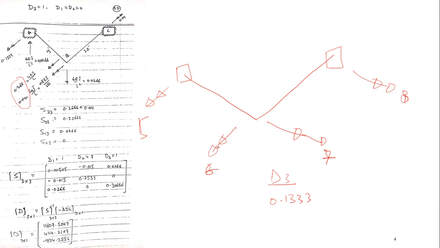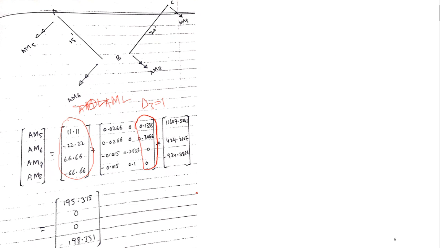So the net moment is 0.3066. Same direction, so 0.3066. 7 is 0. There is no moment here, no moment here, so the other two will be 0. Hold on. You can do it for the other values.